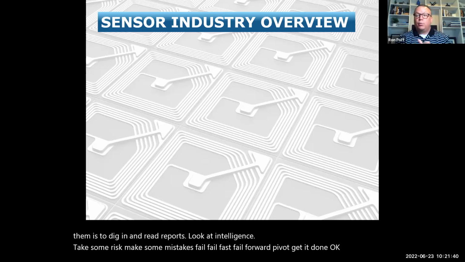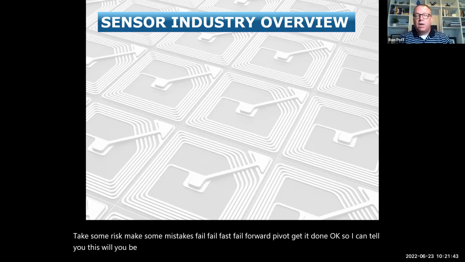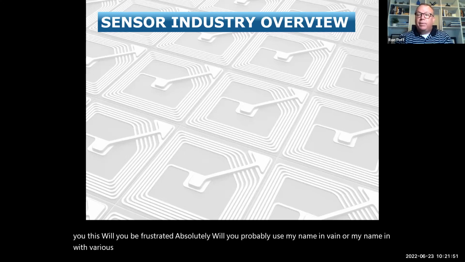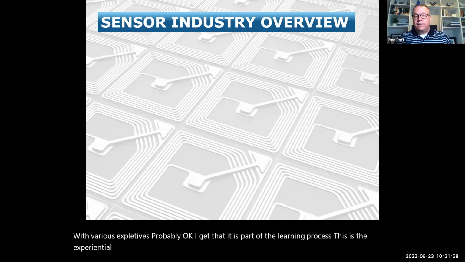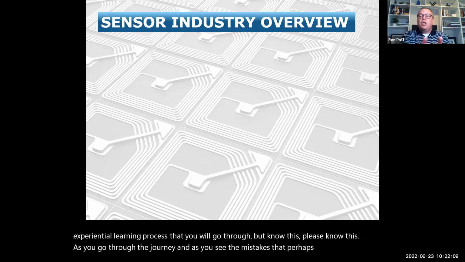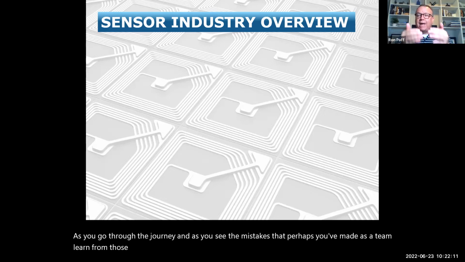So I can tell you this, will you be frustrated? Absolutely. Will you probably use my name in vain or with various expletives? Probably, okay? I get that. It is part of the learning process. This is the experiential learning process that you will go through. But please know this, as you go through the journey and see the mistakes that perhaps you've made as a team, learn from those mistakes, step back and understand how you can make better decisions in the future.